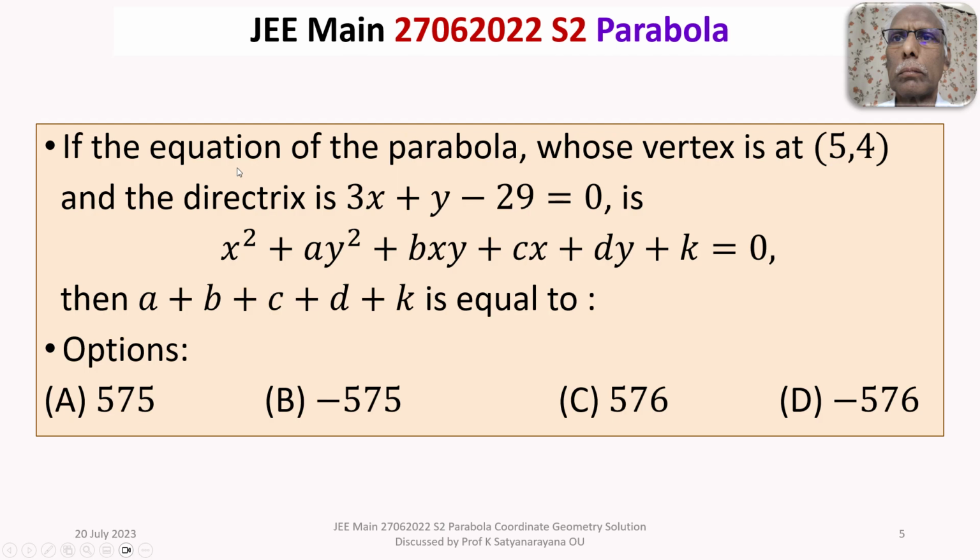If the equation of the parabola whose vertex is at (5, 4) and the directrix is 3x + y - 29 = 0 is given to be x² + ay² + bxy + cx + dy + k = 0, then we are required to find the value of a + b + c + d + k.